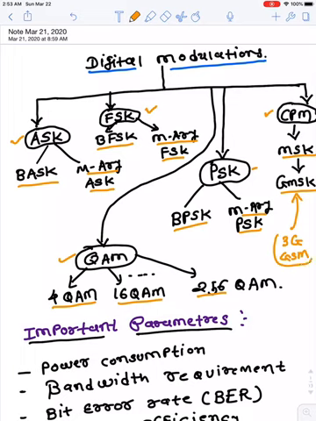So whenever you will learn the wireless communication system and about the third generation wireless communication system, so you will find the GMSK is the key modulation scheme over there.